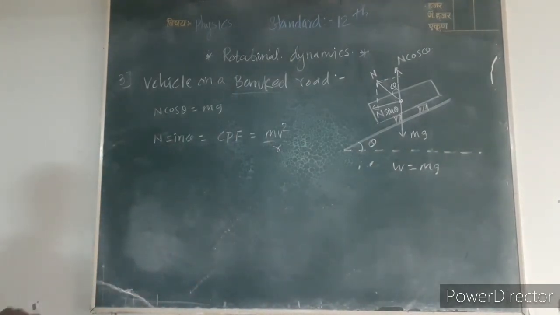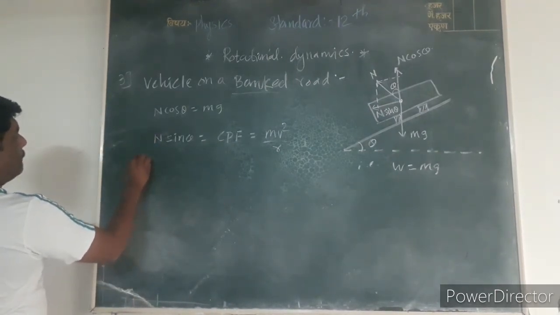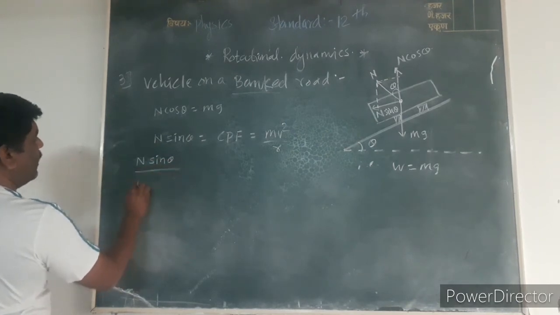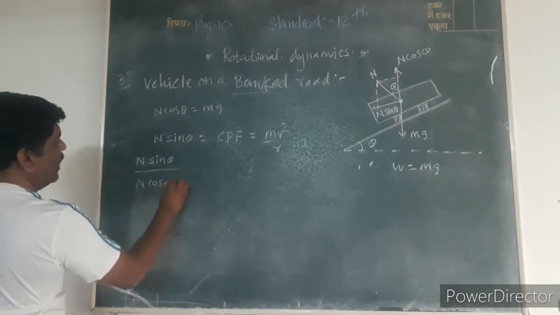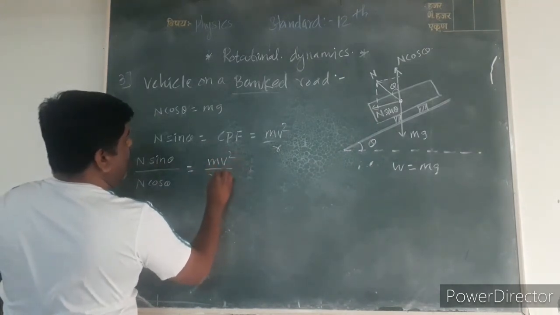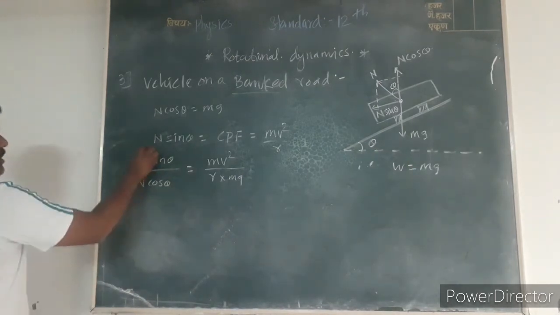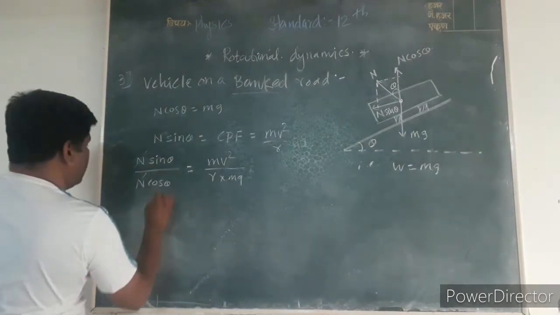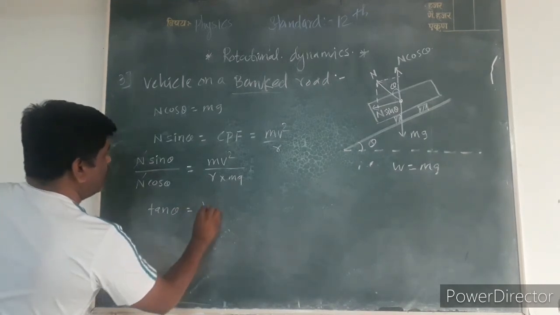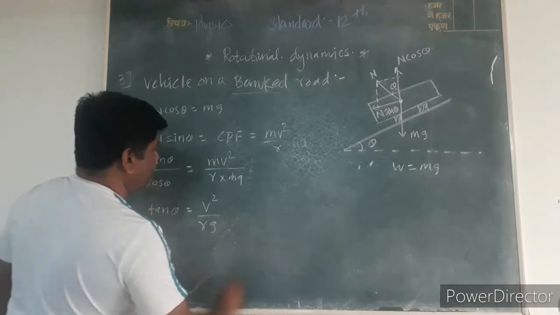Now from these two equations, N sin theta divided by N cos theta is equal to mv square upon r into mg. N cancels, sin upon cos is tan theta, so tan theta is equal to v square upon r.